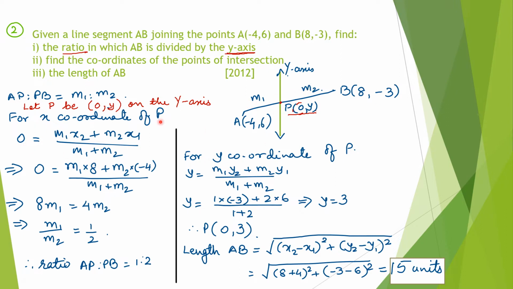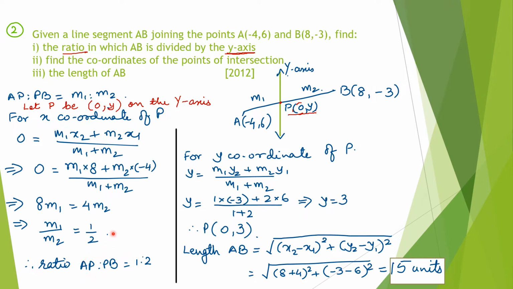So for the x coordinate of P, 0 is equal to m1x2 plus m2x1 divided by m1 plus m2. So this is going to be m1 into 8 plus m2 into minus 4 divided by m1 plus m2. And when I simplify, I'm getting m1 is to m2 to be equal to 1:2.